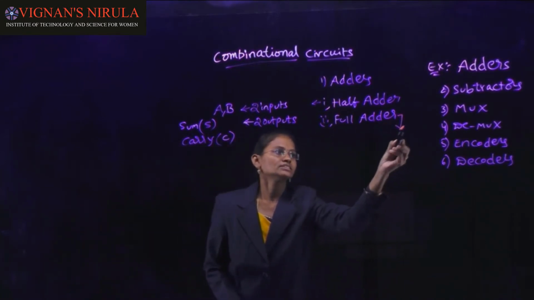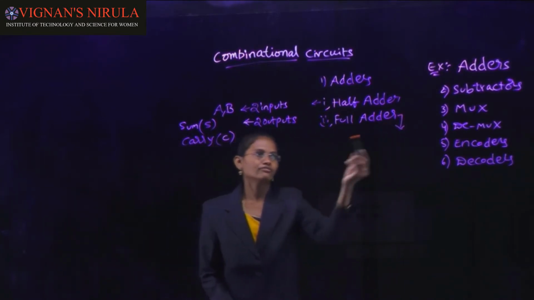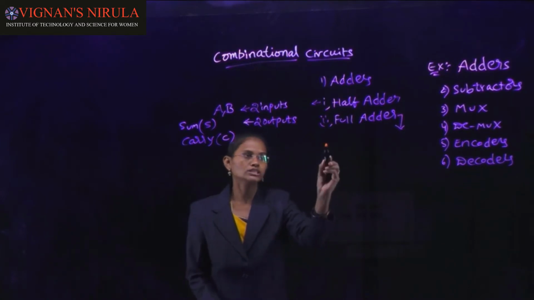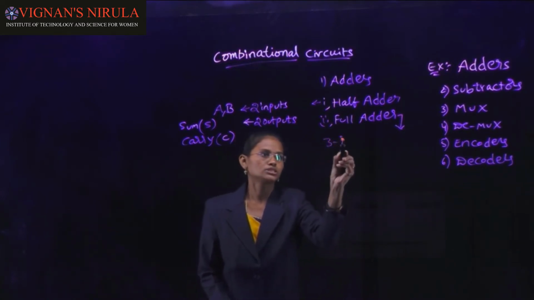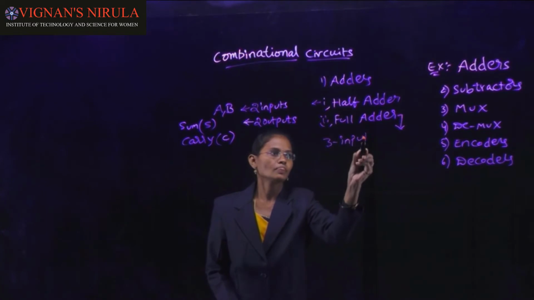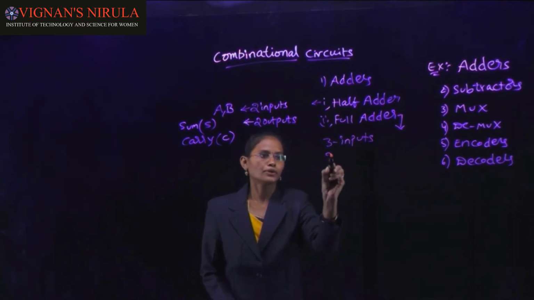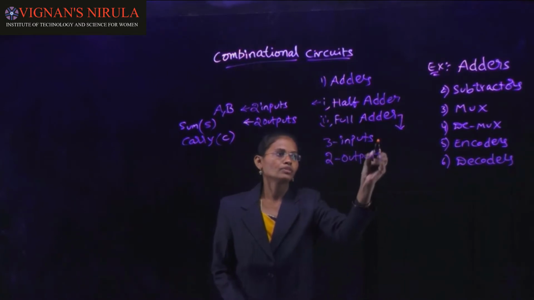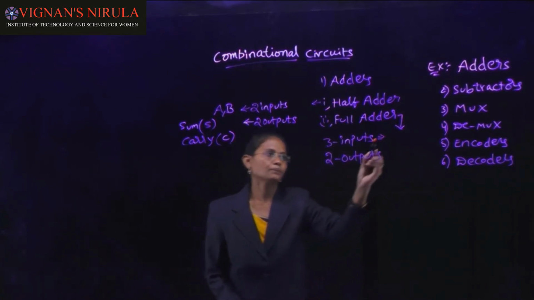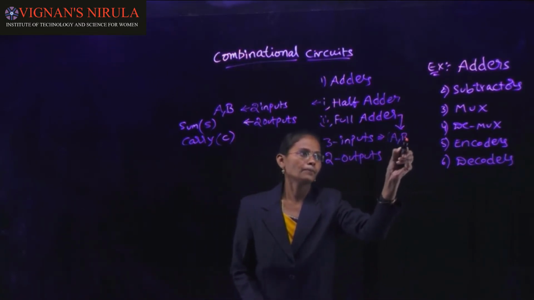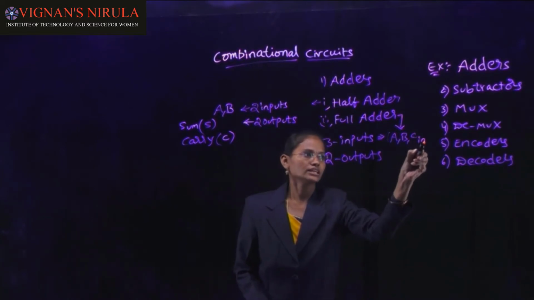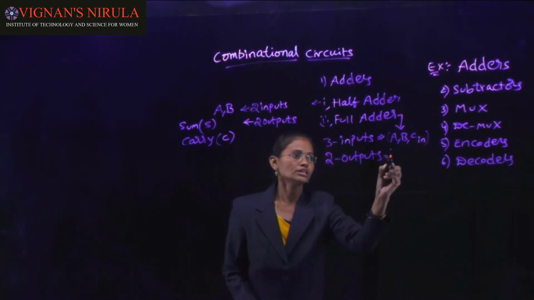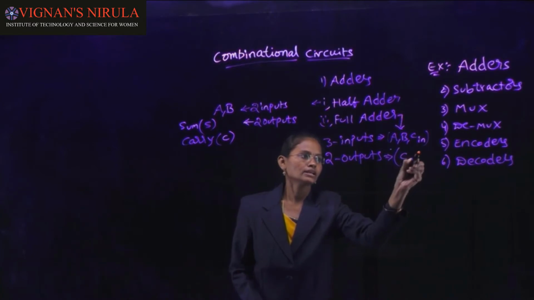The second one is the full adder. In a full adder we are using three inputs and it produces two outputs. The inputs are A, B and C in, and the outputs are sum and carry.